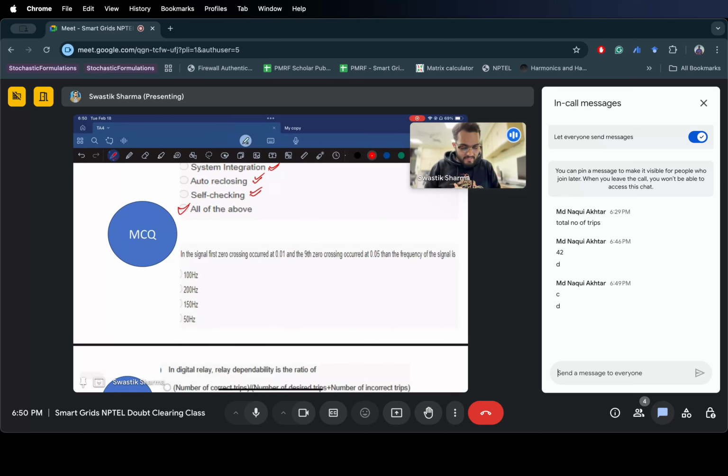Next, in the signal, the first zero crossing occurred at 0.01 and the ninth zero crossing occurred at 0.05. Then the frequency of the signal is? Who can tell me? I've forgotten that formula. Was there a 2 or not? Someone has to tell me. Just a second, 1, 2, 3, 4, 5, 6, 7, 8, 9.